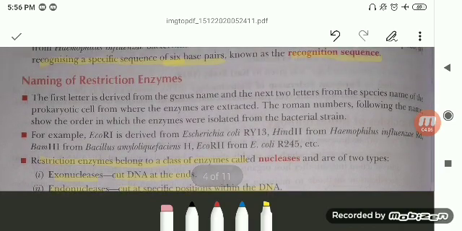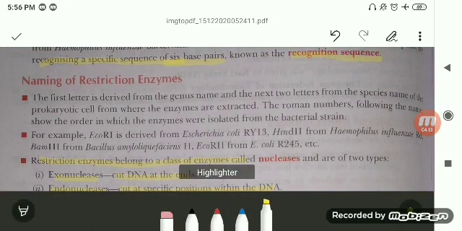So how do you name a restriction enzyme? The first letter is derived from the genus name, and the next two letters are from the species name of the prokaryotic cell from where the enzyme is extracted.